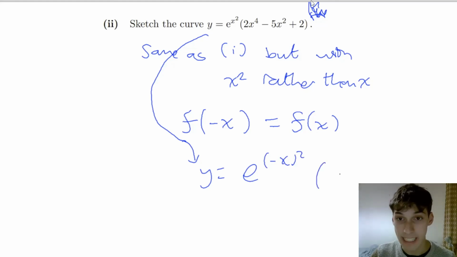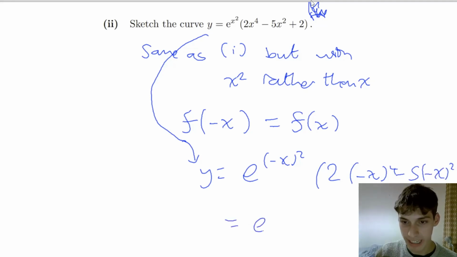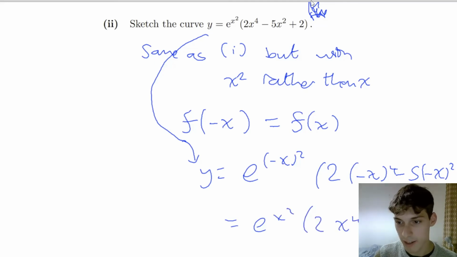So this is just replacing x with minus x. So we get e to the (minus x) to the 4 minus 5 (minus x) squared plus 2, which equals e to the x to the 4 minus 5x squared plus 2. Exactly the same as the equation for positive x.